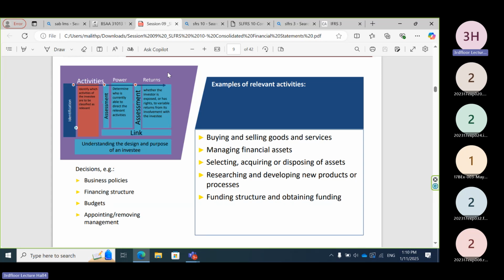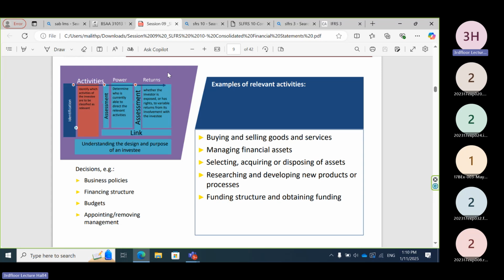So these are the examples of relevant activities, relevant business activities, right? What are they? Buying and selling goods and services, managing financial assets, funding structure and obtaining funding. Through the power, you are controlling these activities. How are we going to do that? By using decisions.